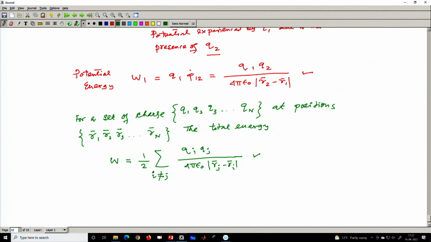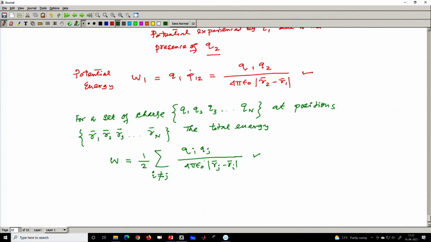So, I exclude the condition when i and j are equal, because then we would be trying to find the potential for the same particle itself. Then I get a result for the total energy associated with the set of charges sitting at the positions r1, r2, r3.